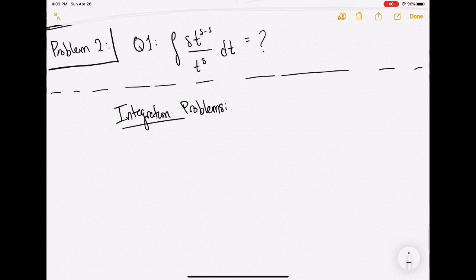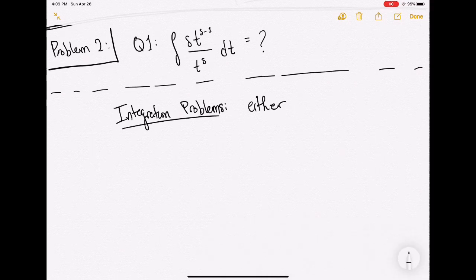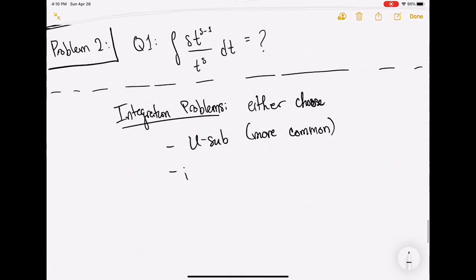You always either choose u sub, which is certainly more common, or you choose integration by parts.